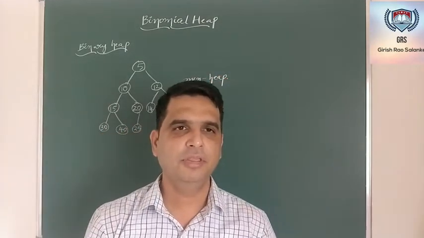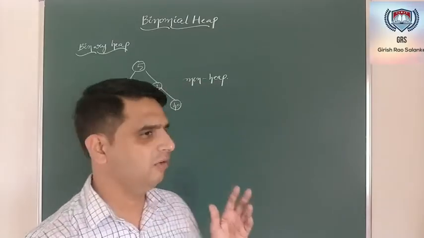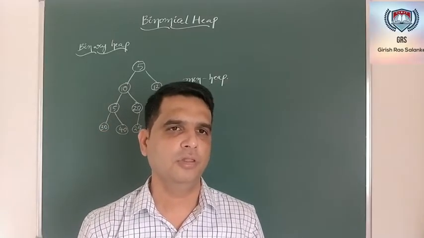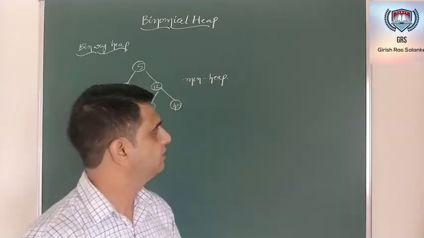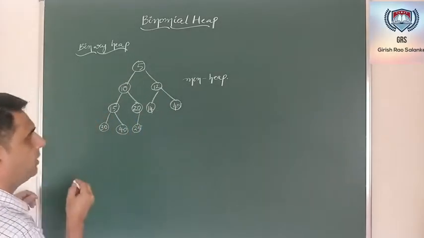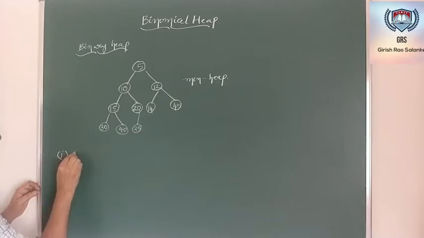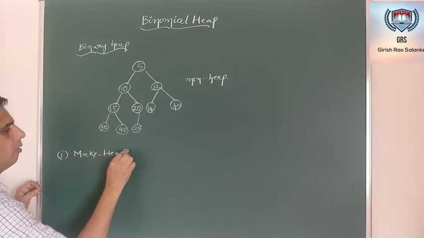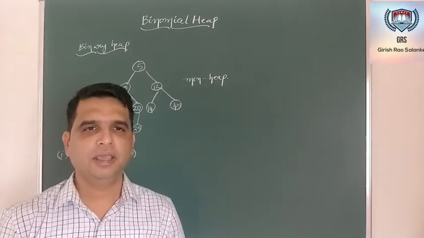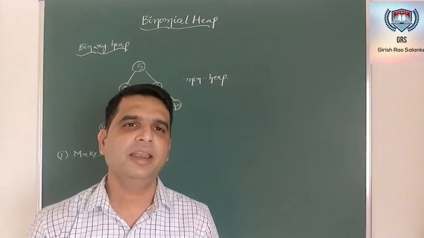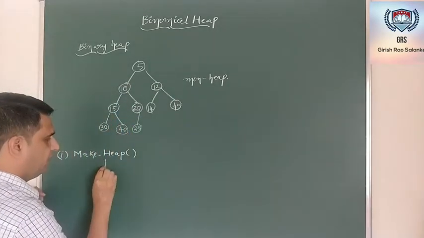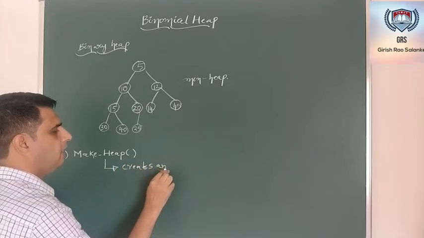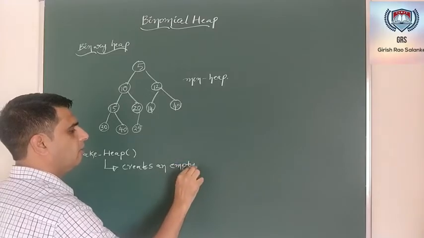Now let's see some of the basic operations that we do in case of a heap, and let us try to analyze the time complexity of those operations. So first let us come up with the first operation, make heap. Now this make heap operation creates an empty heap.